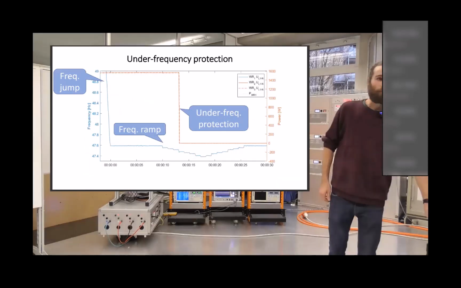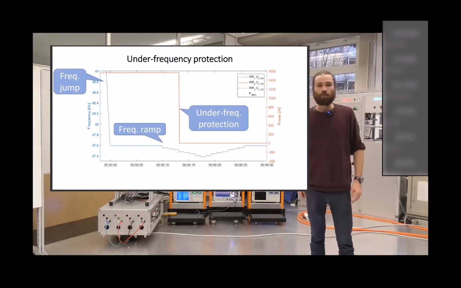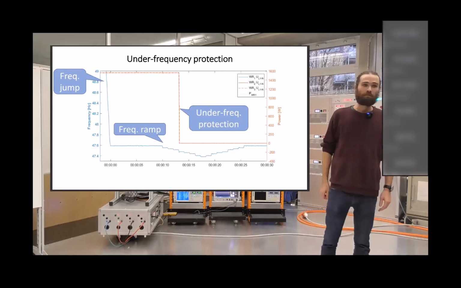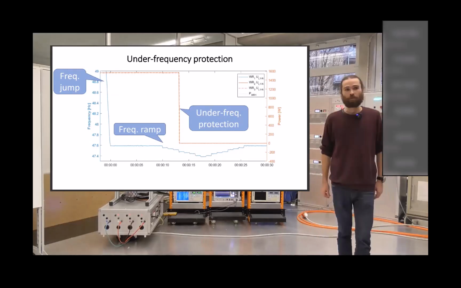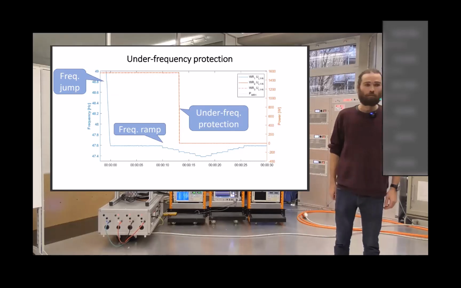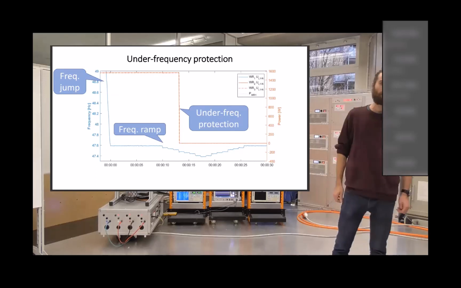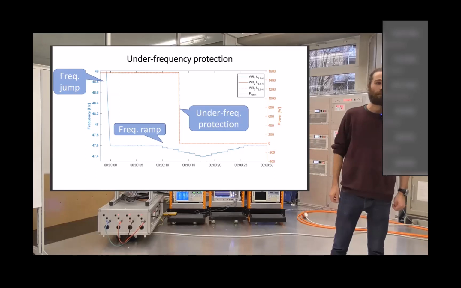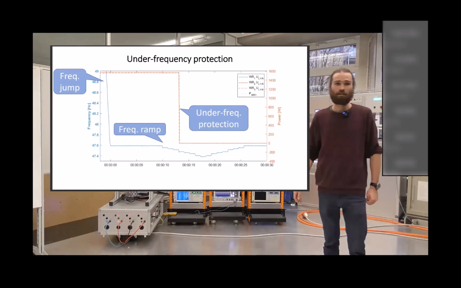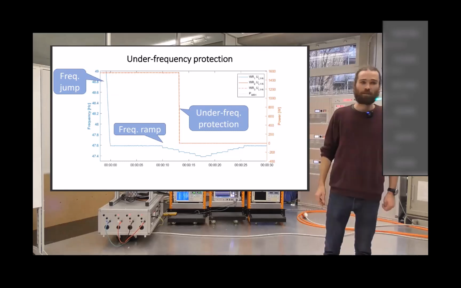What we will do now is as we did before, an under frequency protection test. We jump down to around 47.6 Hertz, and then a little later we begin to ramp down until not the inverters but the external interface protection disconnects the whole system from the grid.